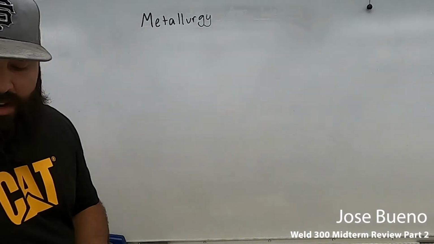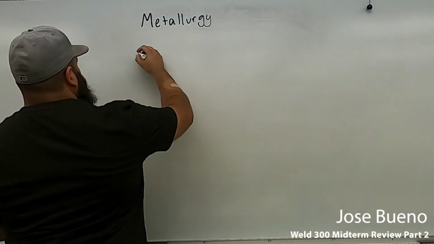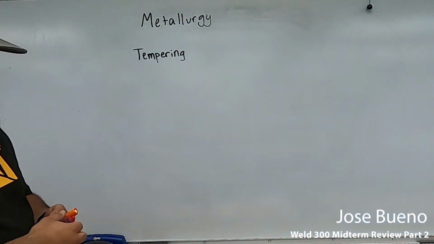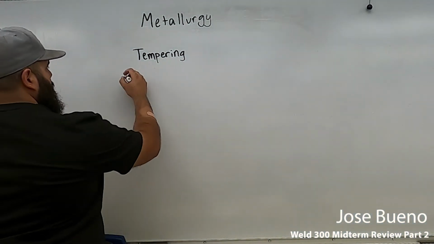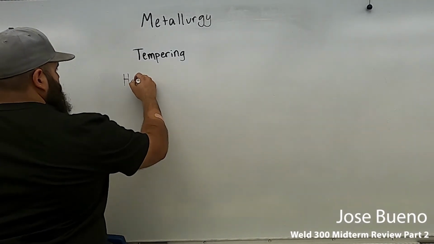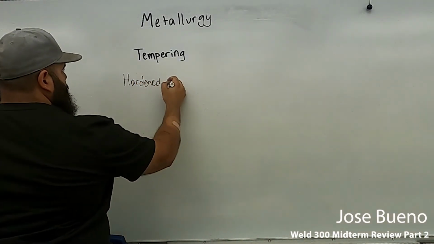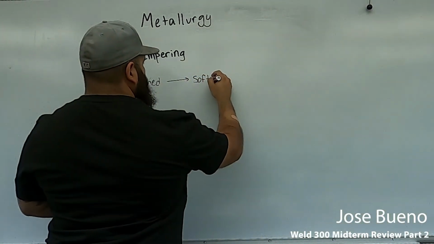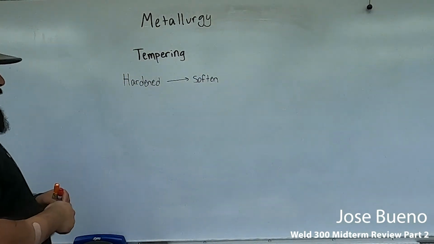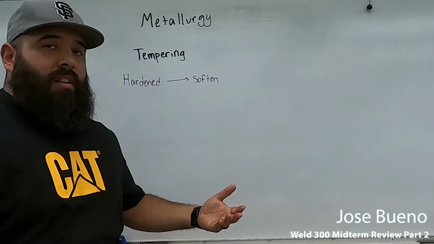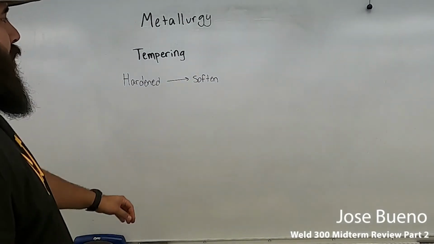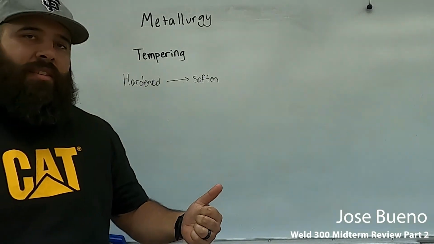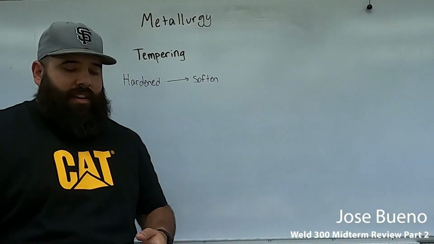All right, next up, let's talk about tempering. So tempering is where we're taking something that is already hardened and we're softening it up a little bit. Not to the point where it's as soft as its original state, but we're softening it just enough to decrease brittleness and increase ductility.